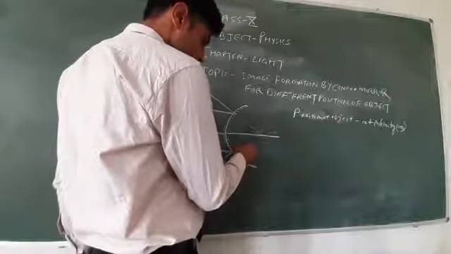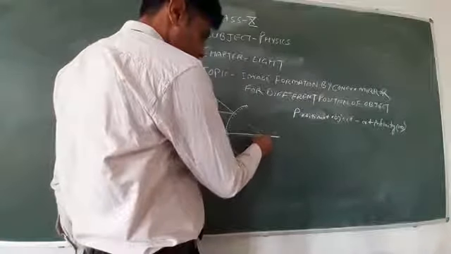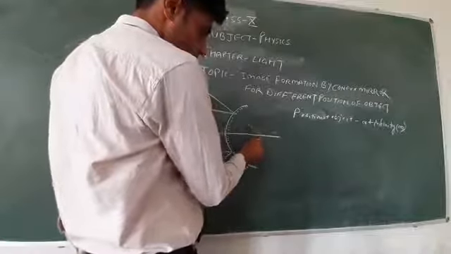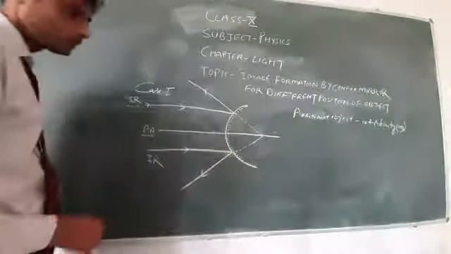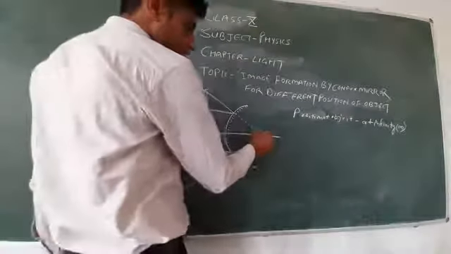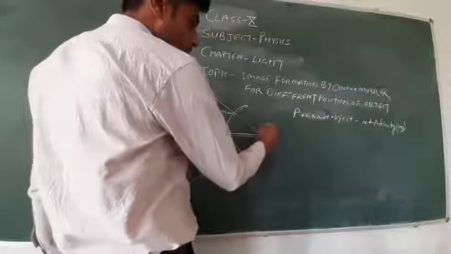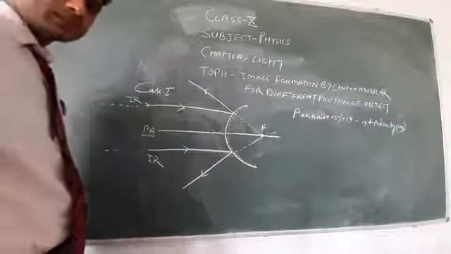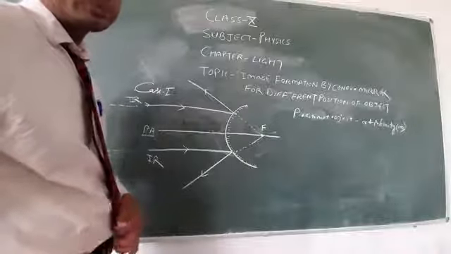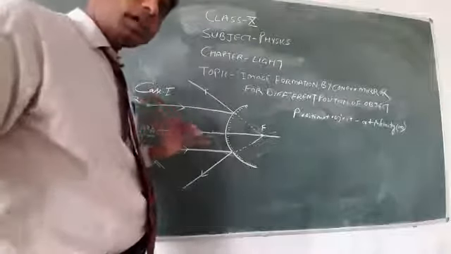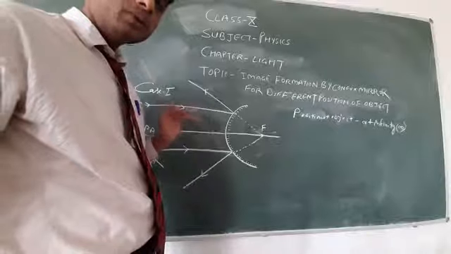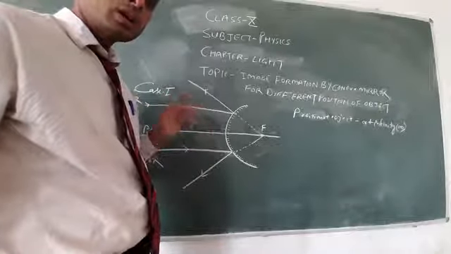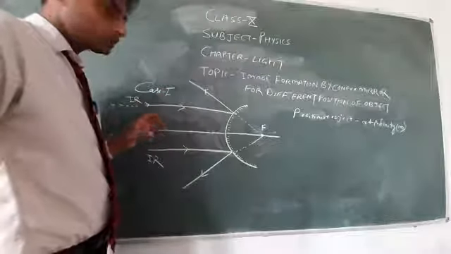So these rays intersect at a point. This point will be the focus point according to the definition of the focus point: the rays of light travelling parallel to the principal axis meet or appear to meet at the focus point.